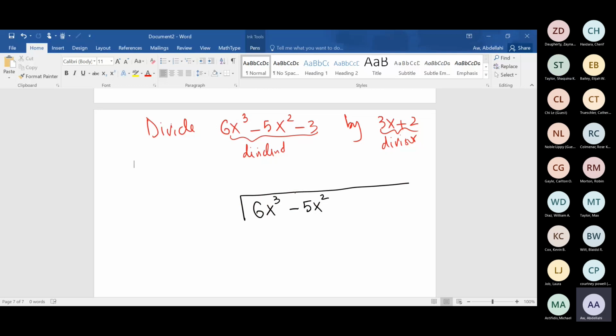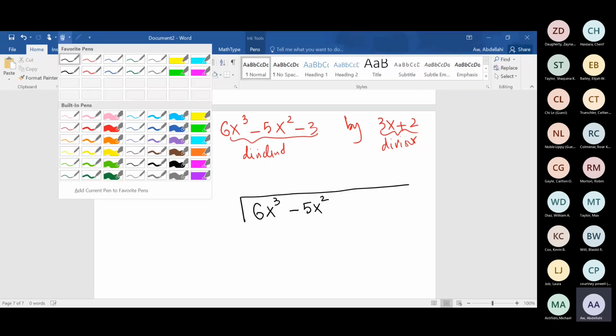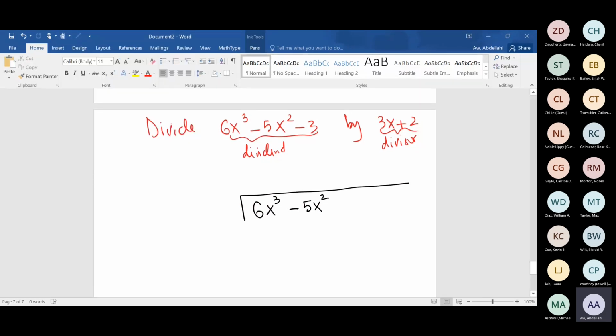What power of x is missing? The x, the power 1, right? If it is missing, just to organize myself, I can put 0x, just to be very organized. Is it mandatory? It is not mandatory. But is this helpful? It is very, very helpful, right? To avoid mistakes, okay? Minus 3.